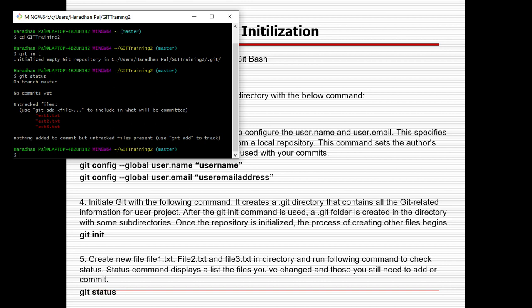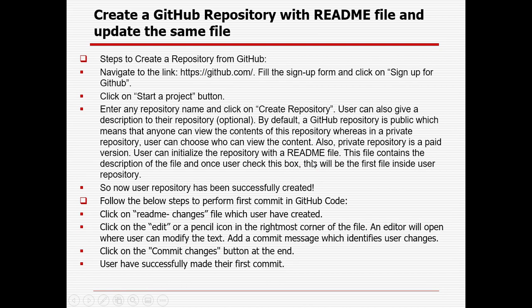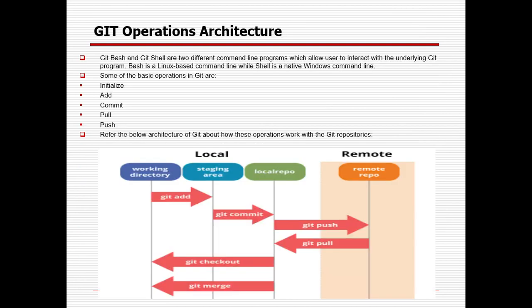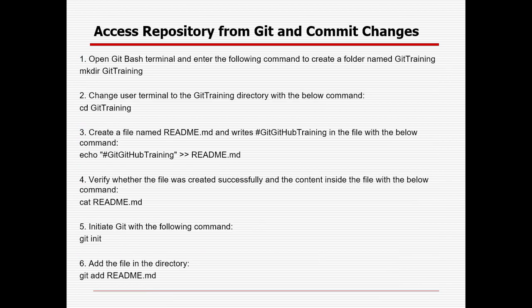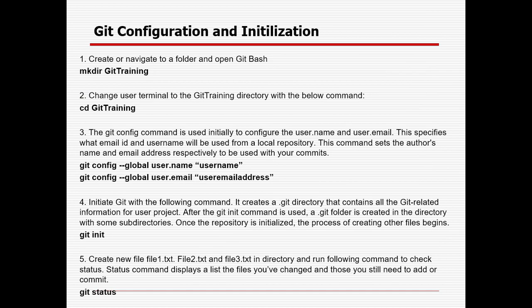First after creating, you need to add them to your index, the staging area, with the help of the git add command. After that, with the help of the git commit command you need to move them from the staging area to the local repo, and after that you need to push it to your remote repo with the help of the path of your GitHub repository. So with the help of status you can get it.